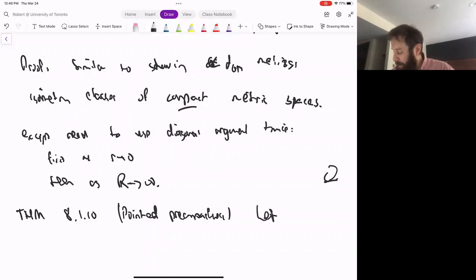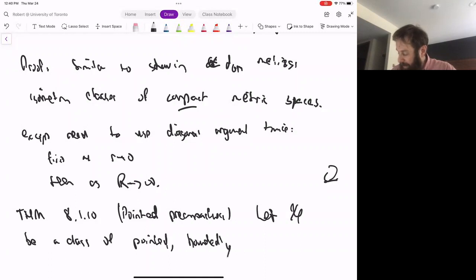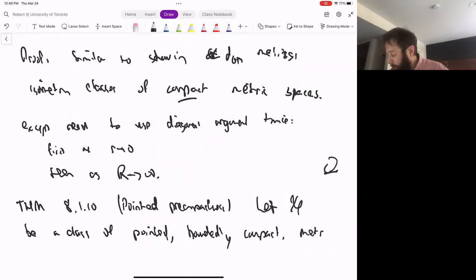So let script X be a class of pointed boundedly compact metric spaces. And what takes the place of the uniform total boundedness is that for a given little r and big R, you should have a little r net consisting of a bounded number of balls, where the bound can depend on little r and big R.